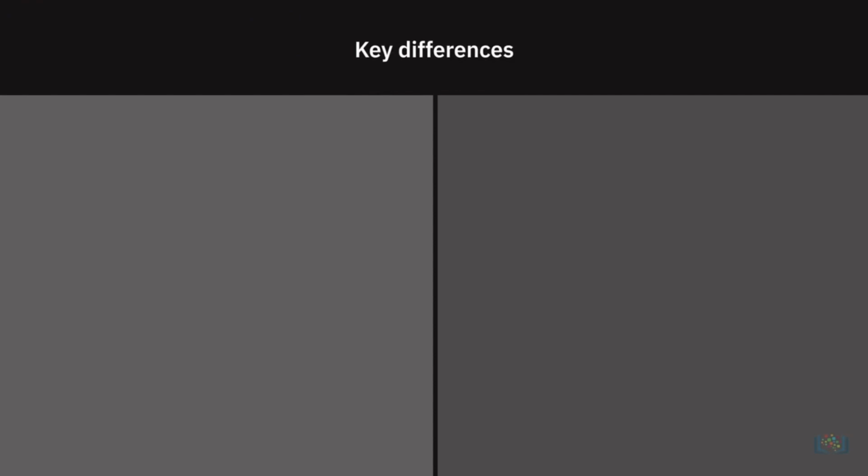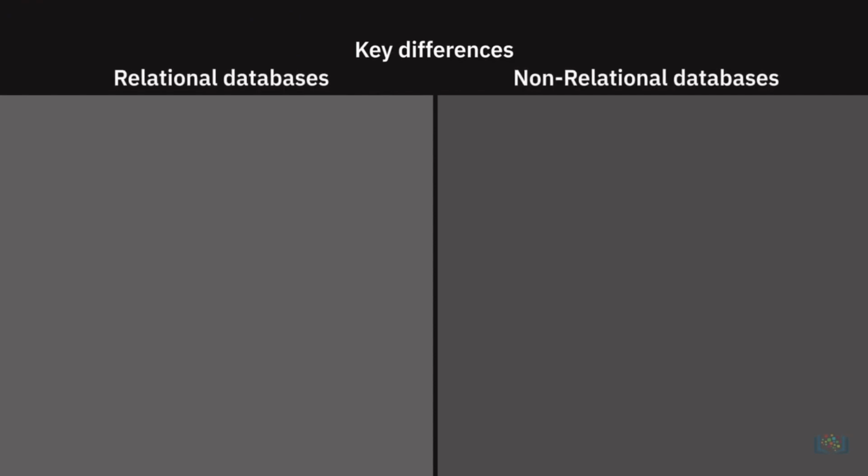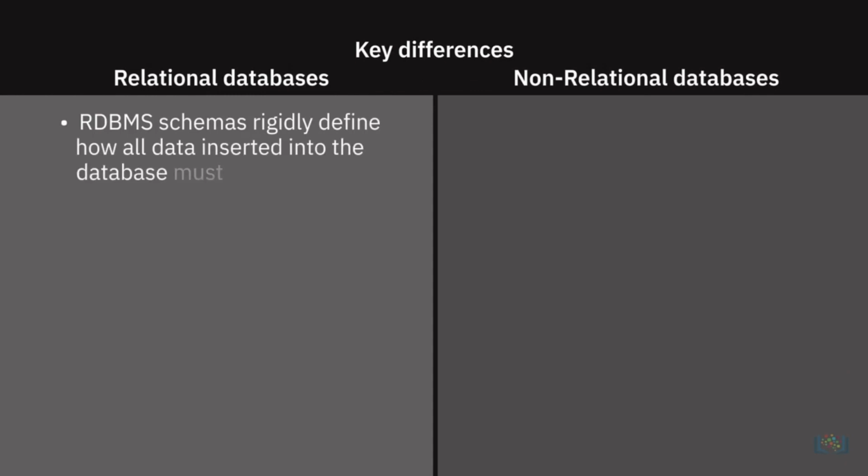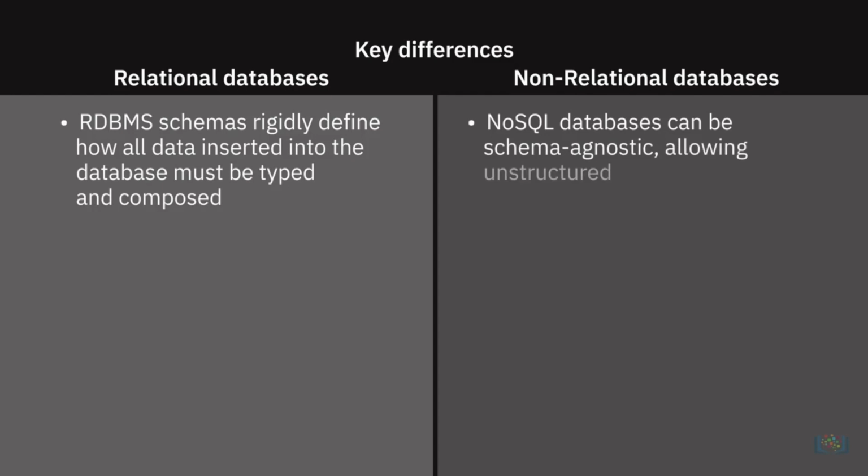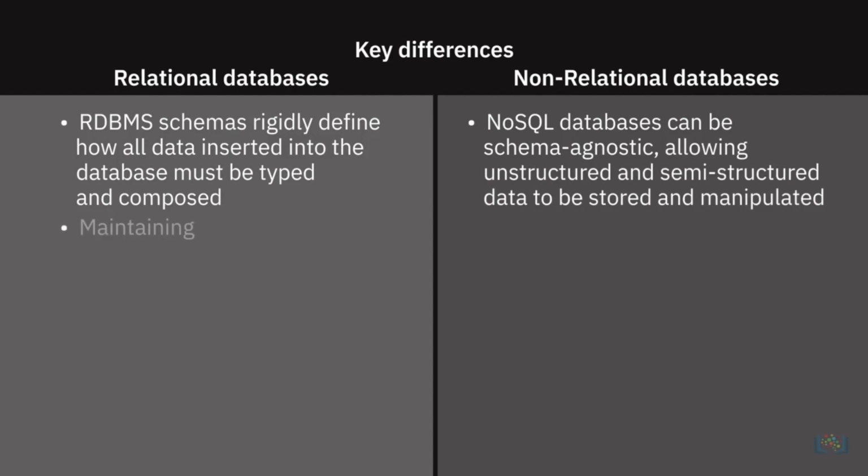To summarize the key differences between relational and non-relational databases, RDBMS schemas rigidly define how all data inserted into the database must be typed and composed, whereas NoSQL databases can be schema agnostic, allowing unstructured and semi-structured data to be stored and manipulated.